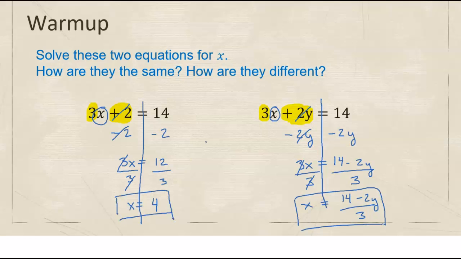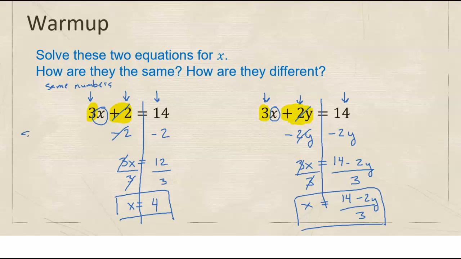So how are these two similar? What do you notice? Well, you may have noticed that they have the same numbers in all of these places. The 3, the 2, and the 14. So they have the same numbers. What about our solving? Are they similar in any way in how we solve them?